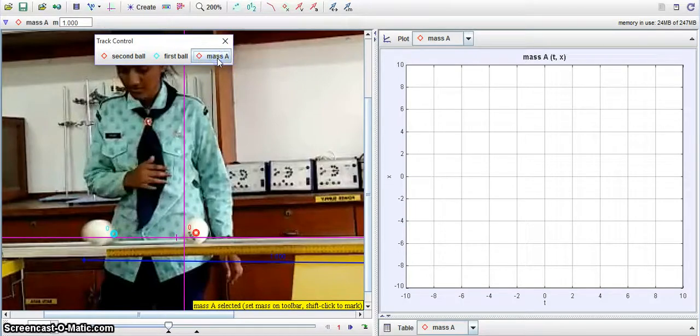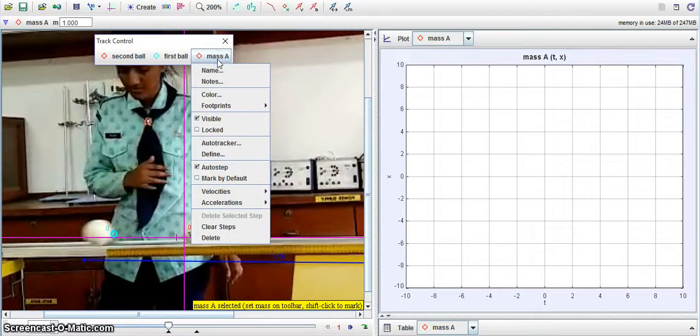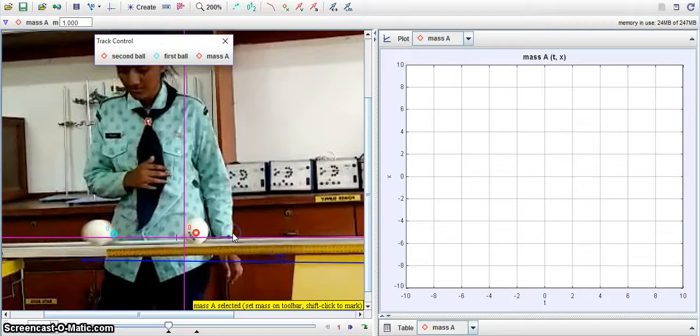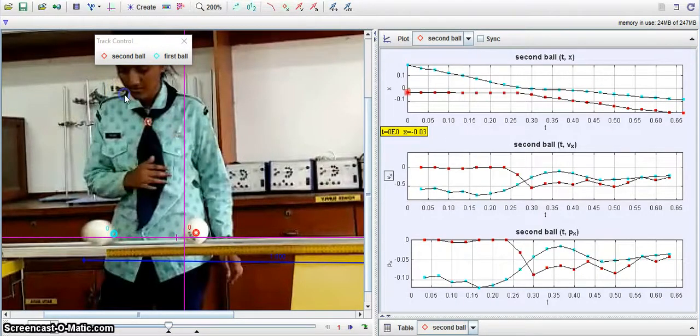So mass A, this mass A we can delete, right? Alright, so now on how to analyze the motion, I've discussed it before. I've uploaded it into YouTube. So for today we are just going to focus on how to analyze the motion.